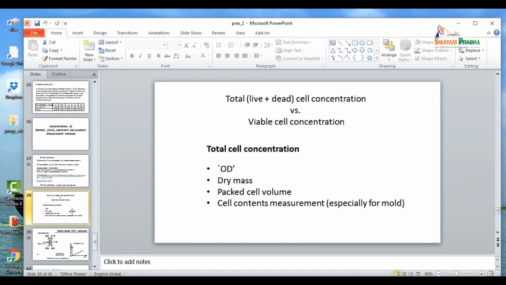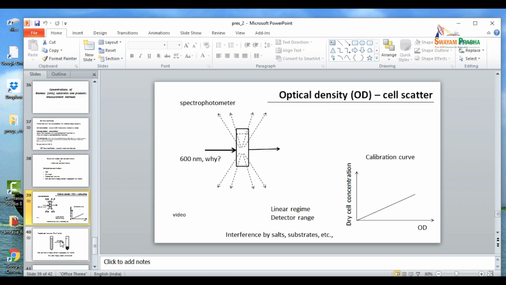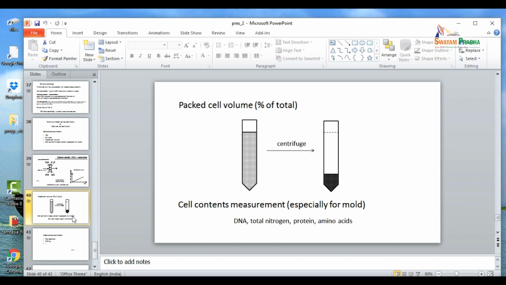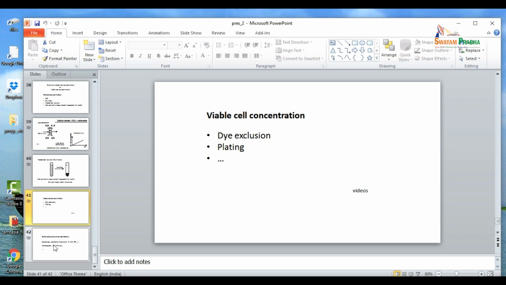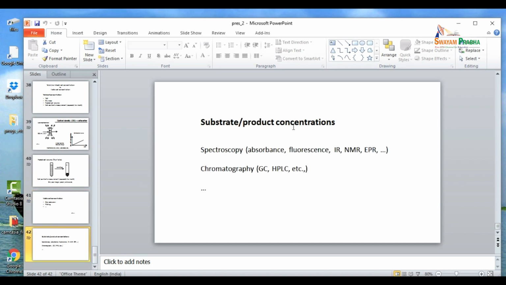Then we looked at the principles. We looked at methods for total cell concentration measurement, such as OD measurement, the packed cell volume measurement, the cell contents measurement method, and methods for viable cell concentration such as dye exclusion and plating. Finally, some methods for substrate and product concentrations we also saw.